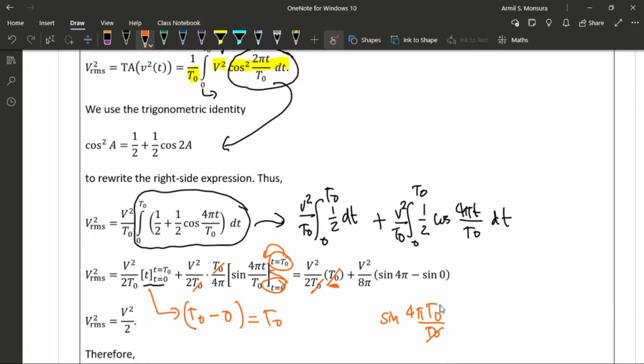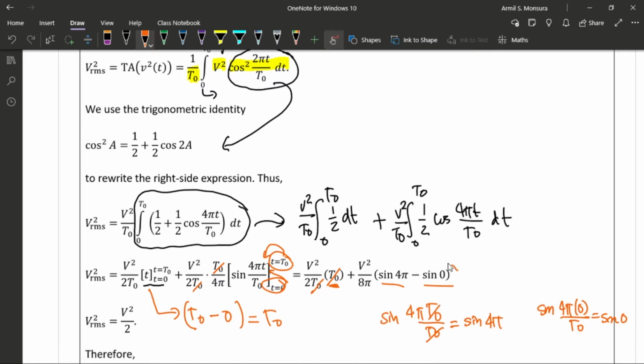So this t0 cancels out, so that this becomes sine of 4 pi. While if we substitute now the lower limit, we will have sine of 4 pi times 0 over t0. So yung sine 4 pi 0 over t0 simply evaluates to sine of 0. Now sine of 4 pi is 0, while sine of 0 is 0.